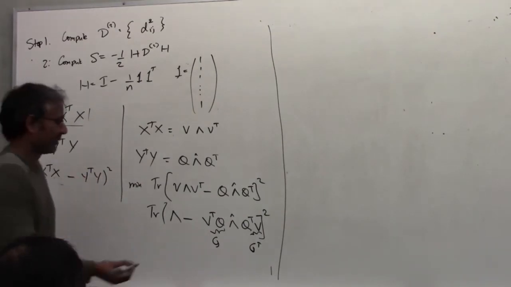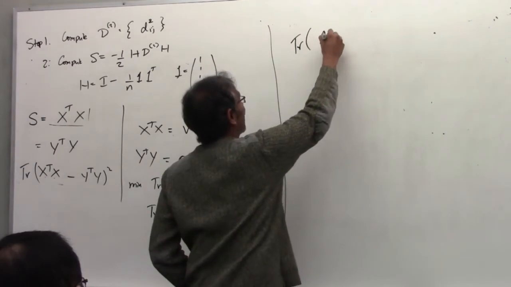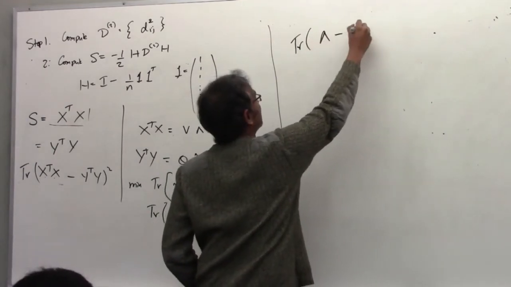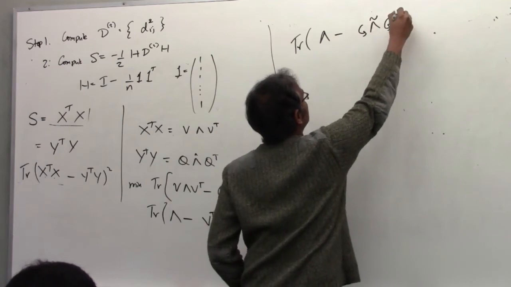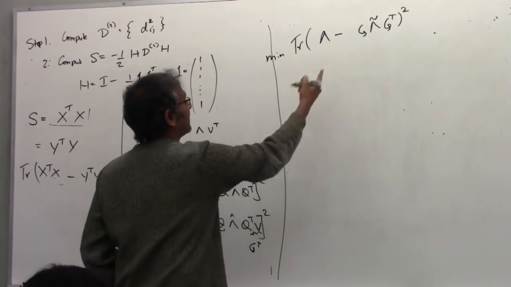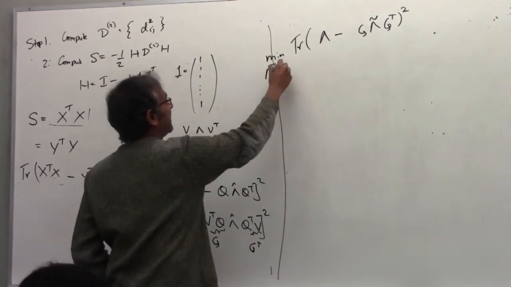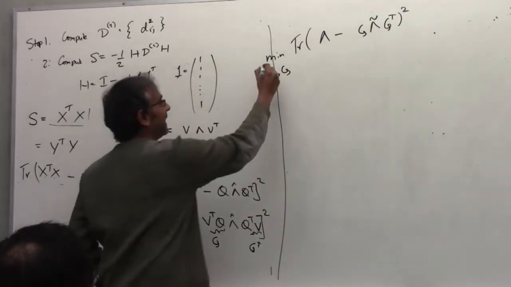So you end up with the trace of this diagonal matrix gamma minus G transpose, whole squared. And you're trying to minimize this over, what are the unknown quantities here? Over this and G. This is fixed. Oh, sorry, no.